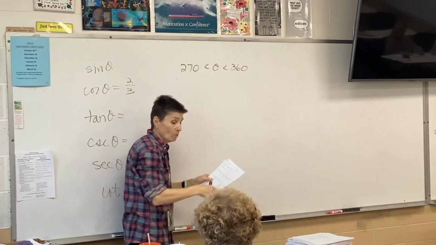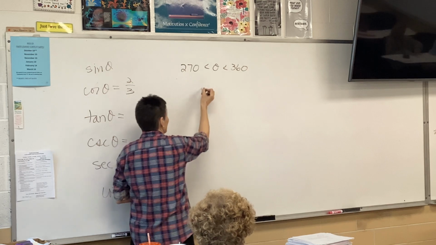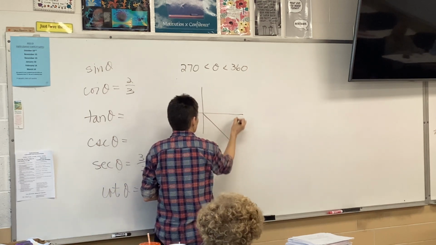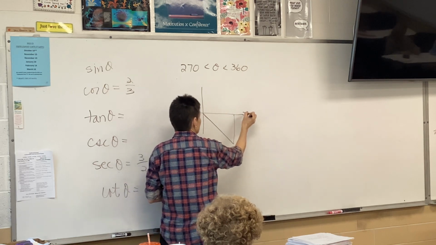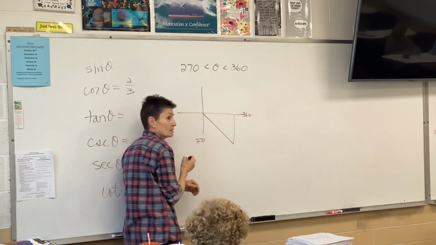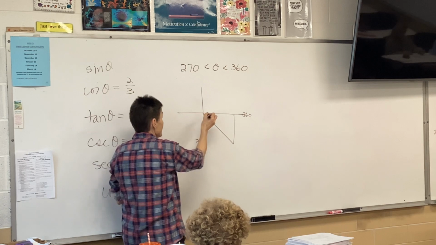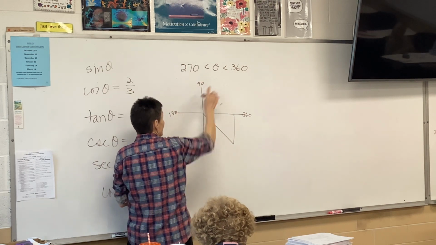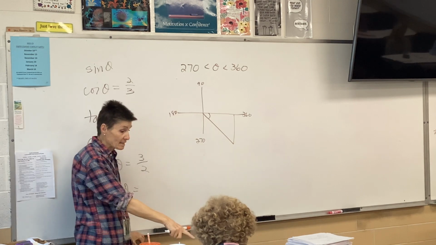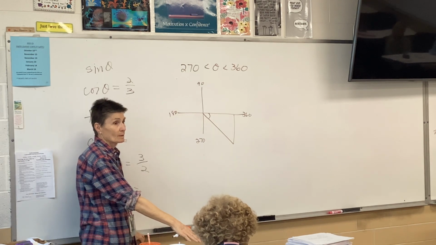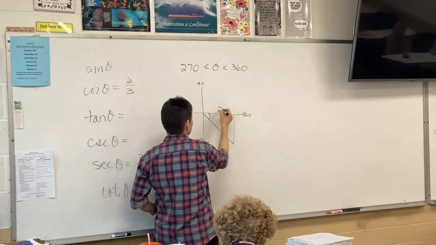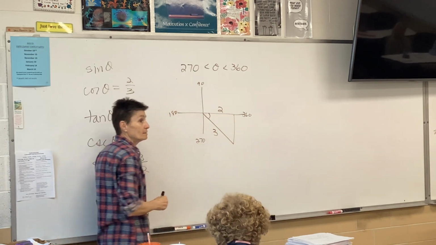What does that tell me about where I am going to draw my picture? Right here. Because isn't this 270 and this is 360? So here's my angle. It's between 270 and 360. The problem is right there written in the problem. So I know that adjacent is 2 and hypotenuse is 3.